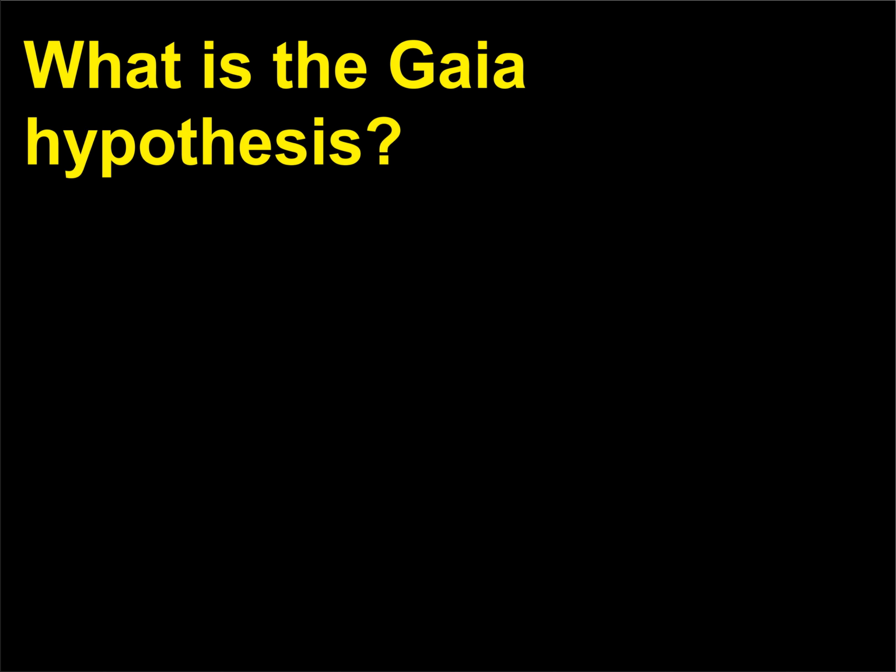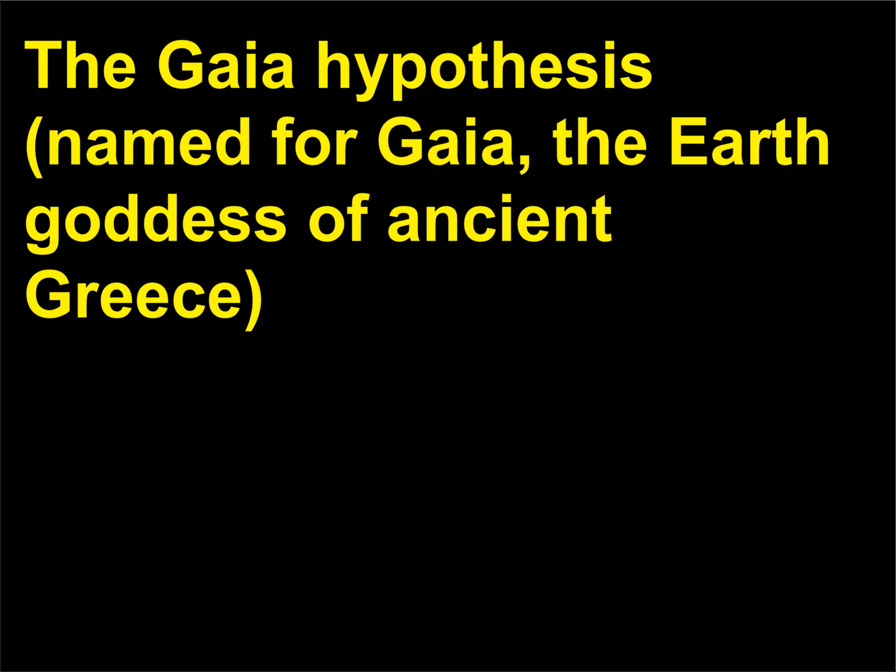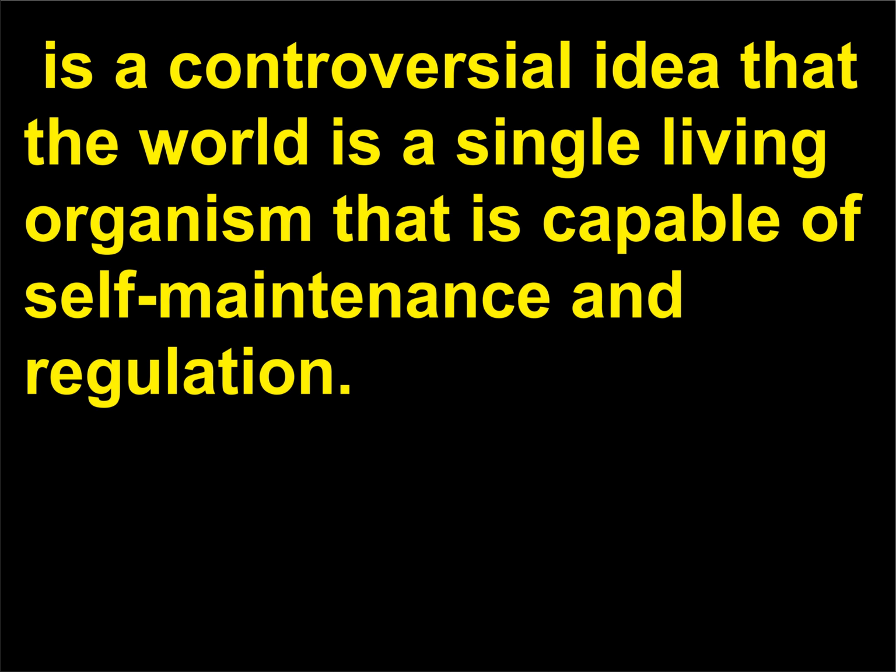What is the Gaia hypothesis? The Gaia hypothesis, named for Gaia, the earth goddess of ancient Greece, is a controversial idea that the world is a single living organism that is capable of self-maintenance and regulation.